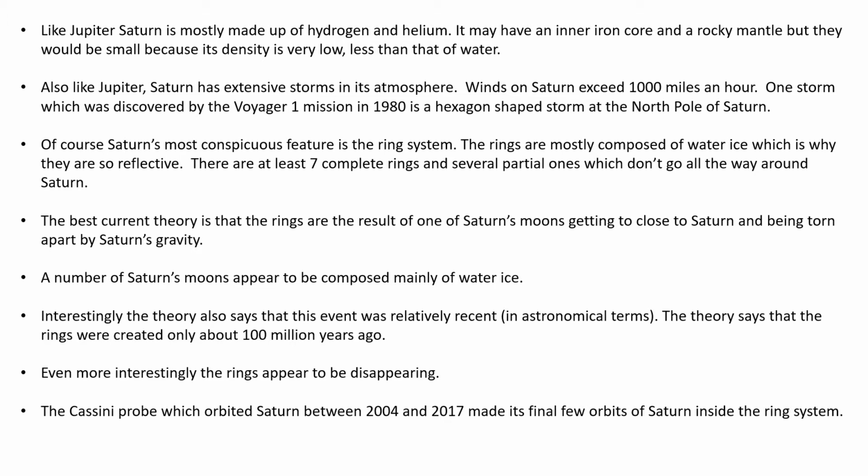Even more interestingly, though, the rings appear to be disappearing, slowly but surely going away. The Cassini space probe orbited Saturn between 2004 and 2017, and it made its final few orbits actually inside the rings, between the rings and the upper atmosphere of Saturn.